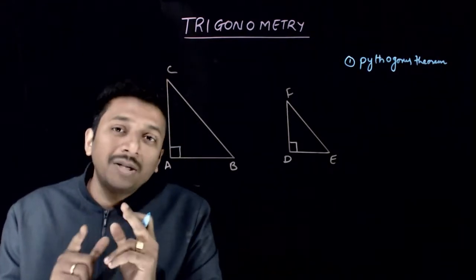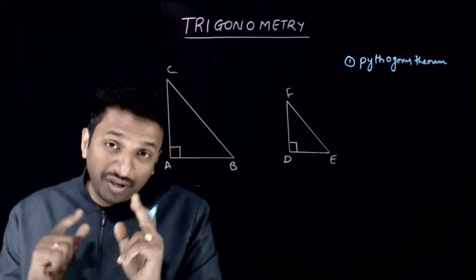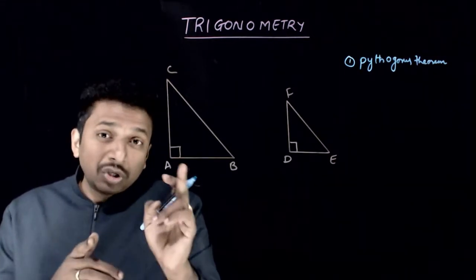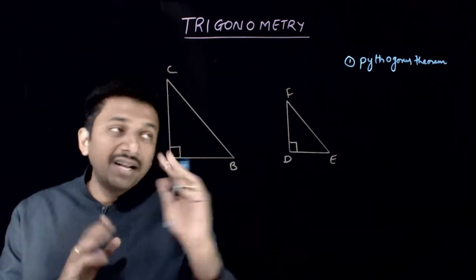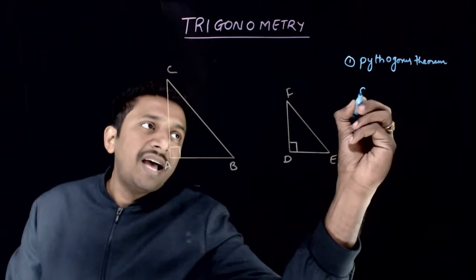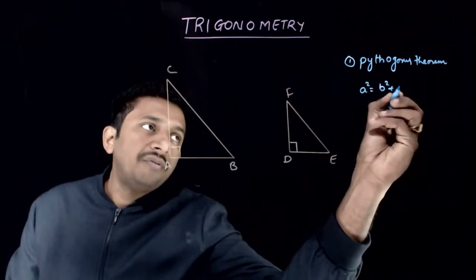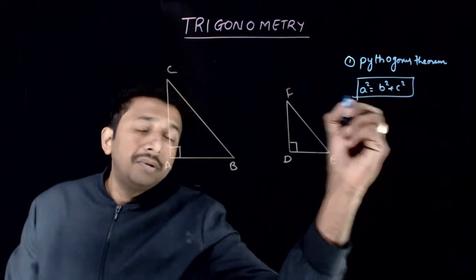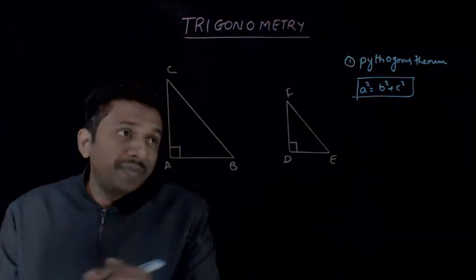This is not possible for a scalene triangle. In a scalene triangle also you can relate it once you derive everything, but it's not as easy as with a right angle triangle. In a right angle triangle, you can always write hypotenuse squared is equal to the sum of squares of the other 2 sides. This is a special property which is valid only for right angle triangles.